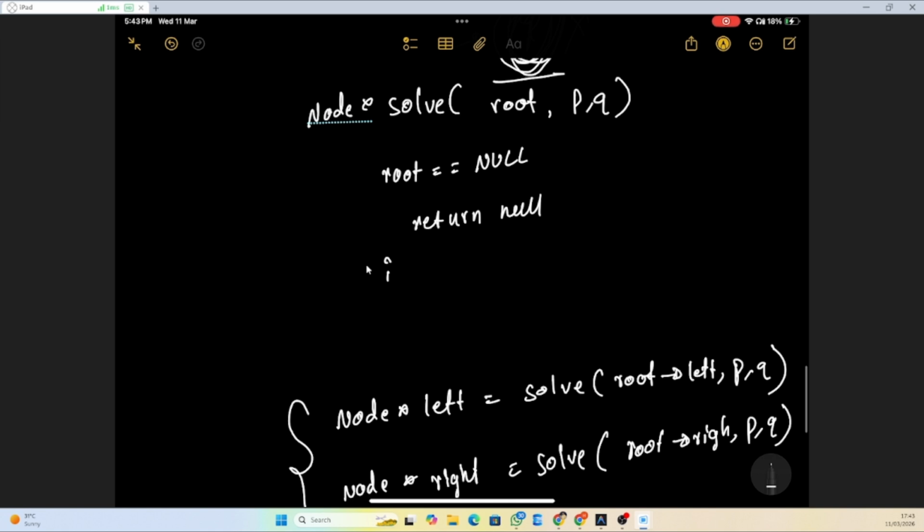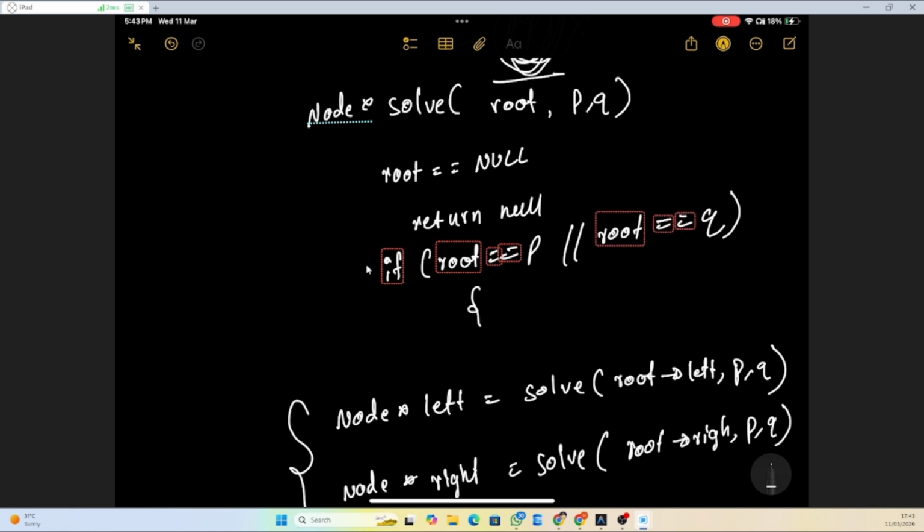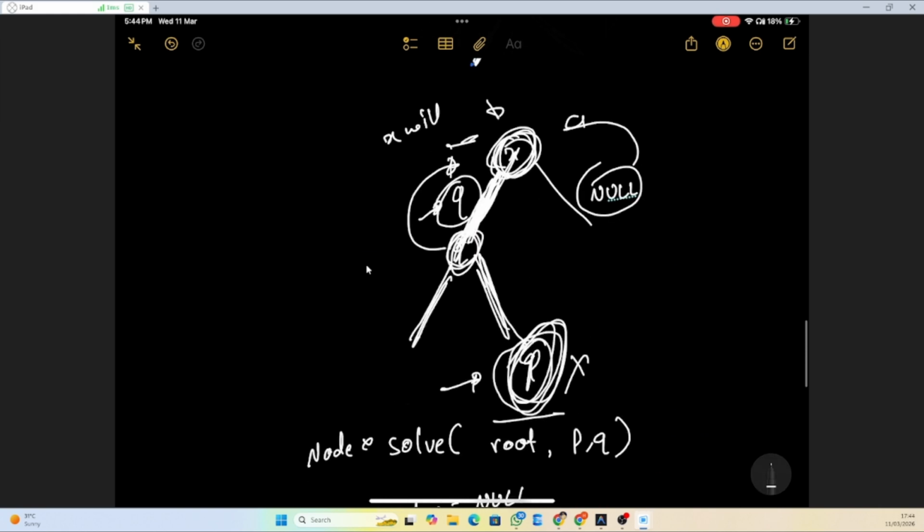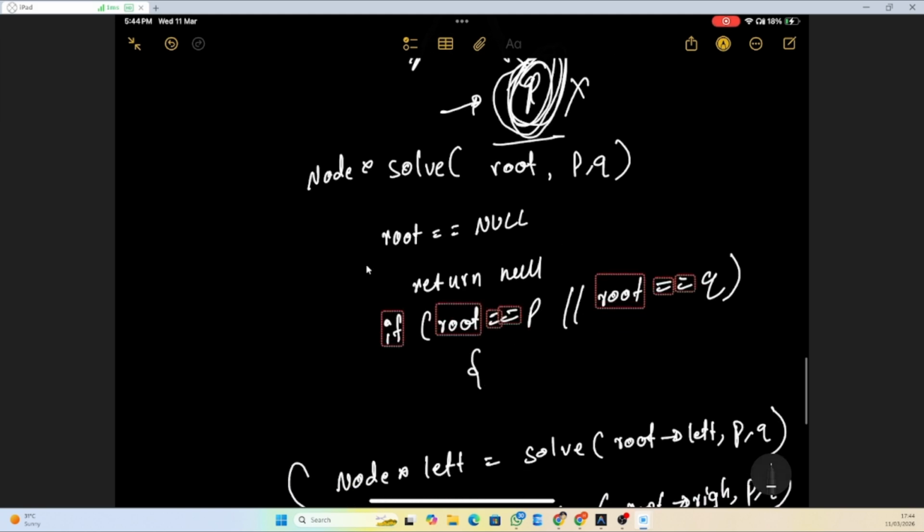If root equals P or root equals Q, what do you return? What will you return from here? See, initially root was here, root came here. You return this particular root value again.